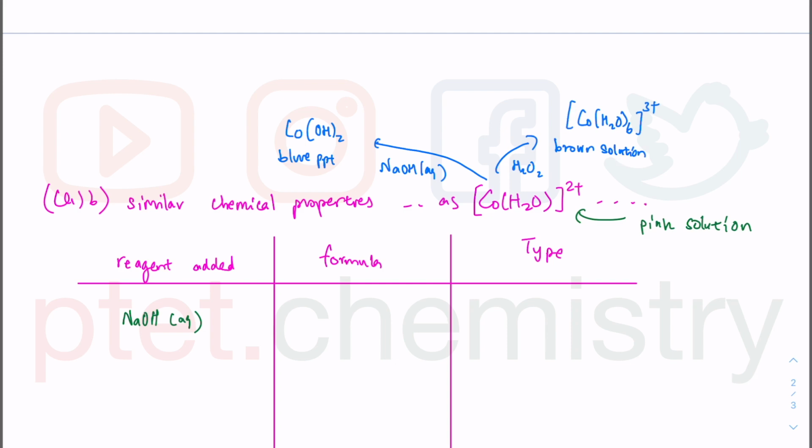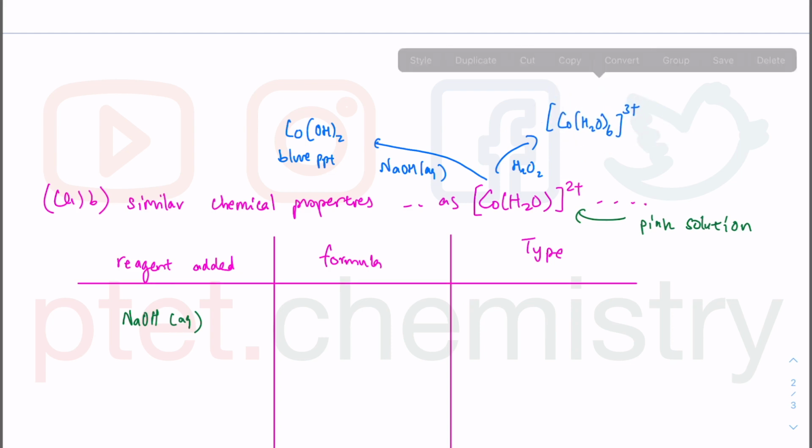Actually, I beg your pardon, it's not a brown solution. You get the brown solution when you oxidize the cobalt with 6NH3 at 2 plus into the cobalt with 6NH3 at 3 plus. I actually don't know the color of this cobalt 3 plus aqueous solution, but I know you will oxidize the cobalt 2 to cobalt 3 using the oxidizing agent.